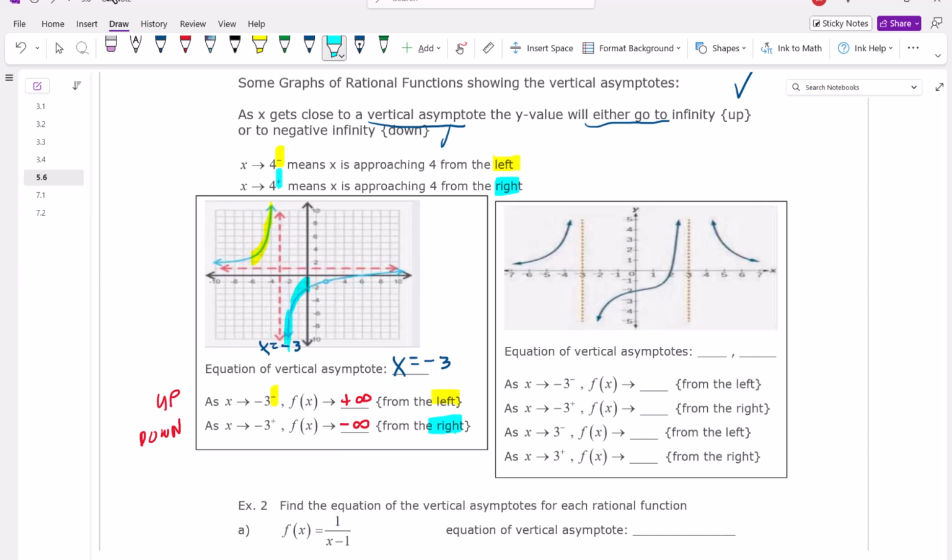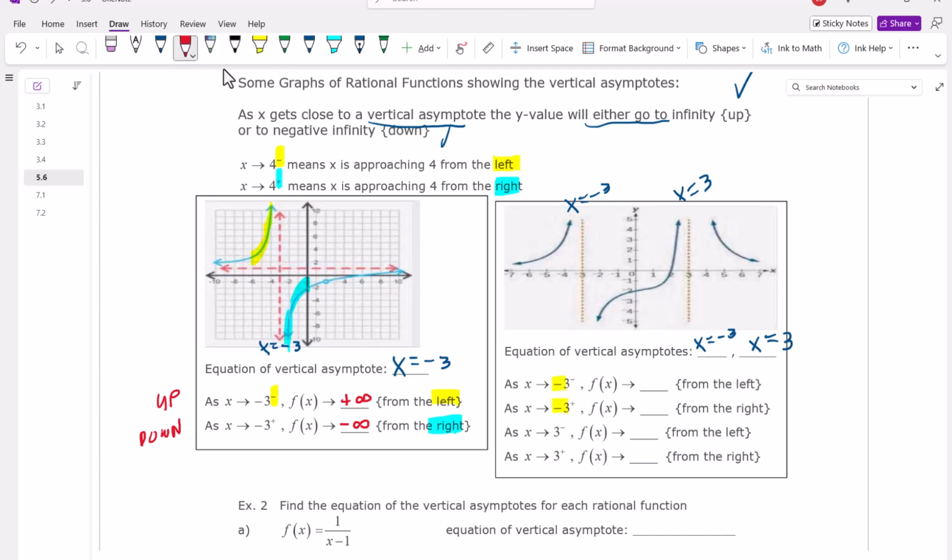Okay, next problem, we have a vertical asymptote at x equals negative 3, and we have another vertical asymptote at x equals 3. We usually represent those with a dashed line. Okay, so now what we're going to look at is, we're approaching negative 3, but on this one, we're approaching from the left.